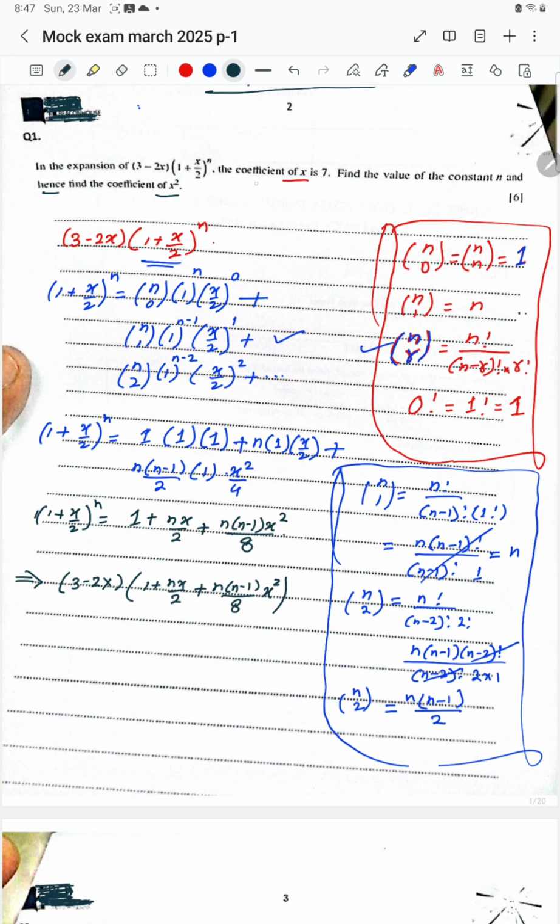As we are given the coefficient of x, so here I can write the terms involving x. That will be, once you multiply this 3 with this term, we get 3nx/2, right?